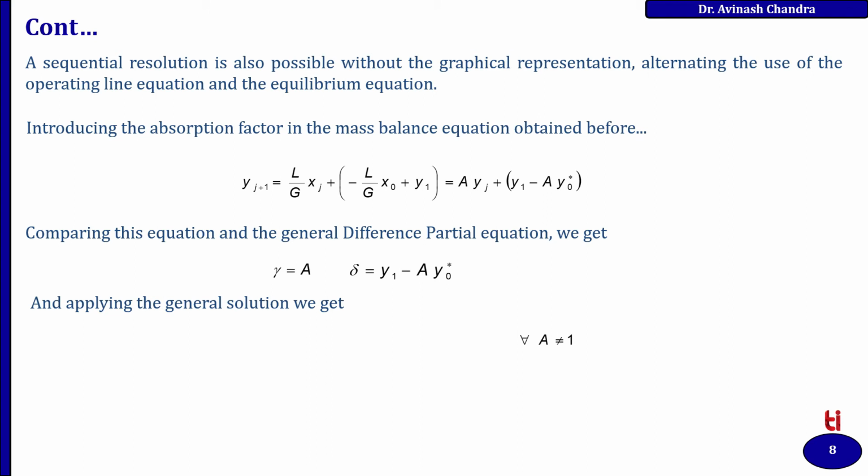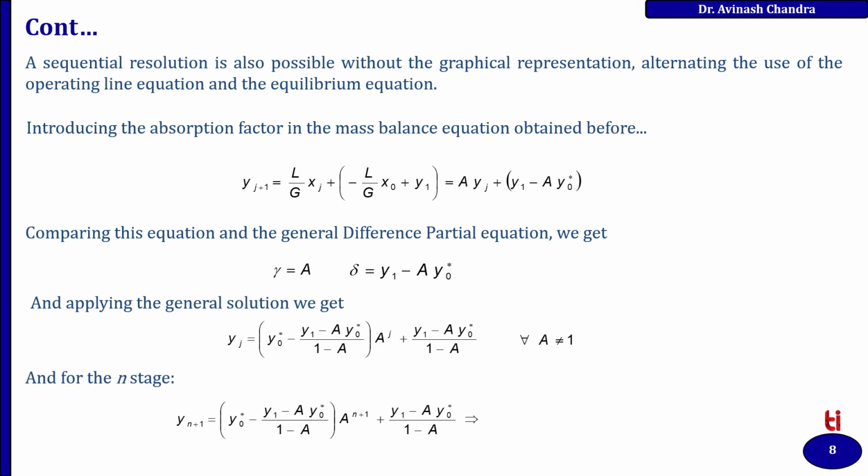By applying this general solution, we get yj equal to (y0 star minus y1 minus A y0 star) upon (1 minus A) multiplied by A^j, plus (y1 minus A y0 star) upon (1 minus A), when A is not equal to 1.